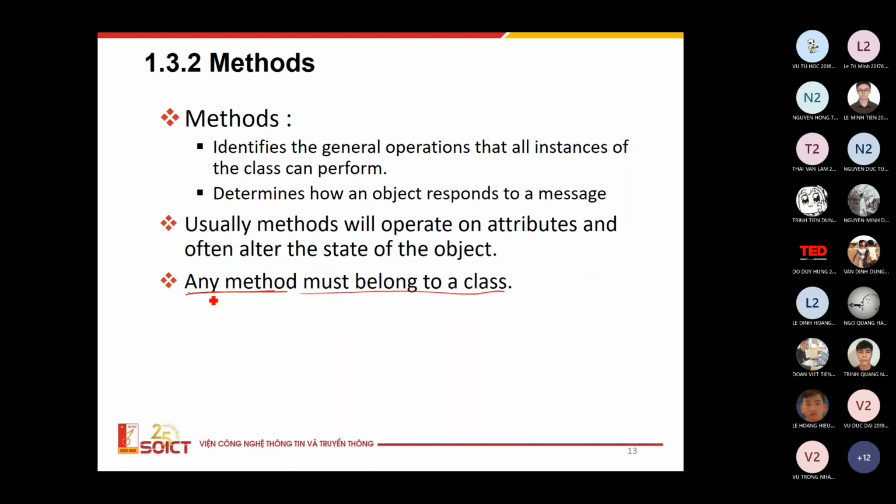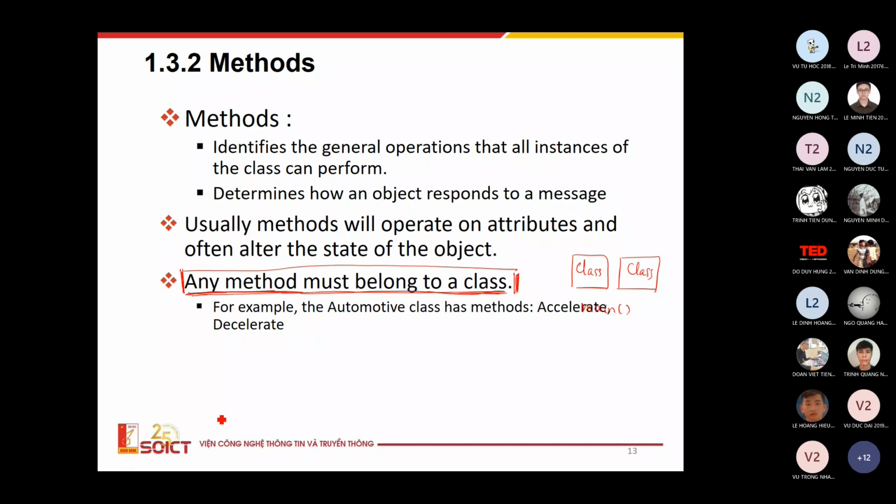And remember, any method must belong to a class. That makes a program in Java different from C, for example, because everything you have to pack in a class. You never have the main, for example, outside the class. So remember it. Any method must belong to a class. When you declare a method, it must belong to a class.